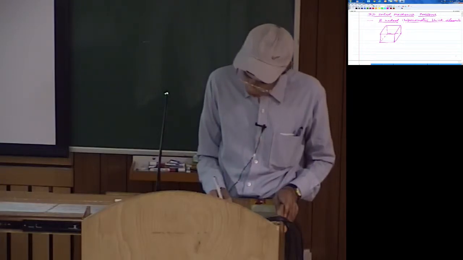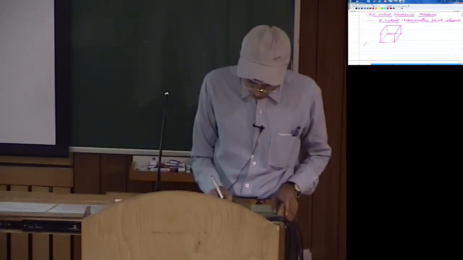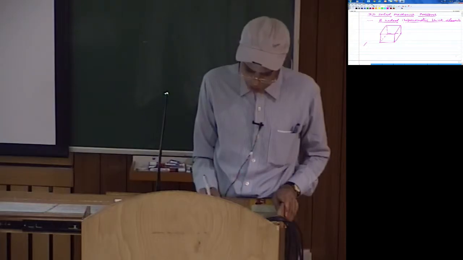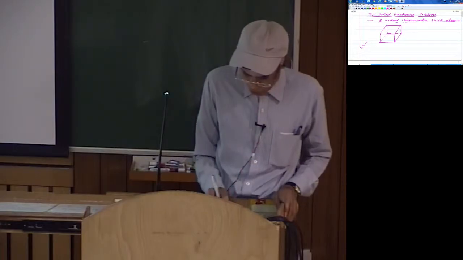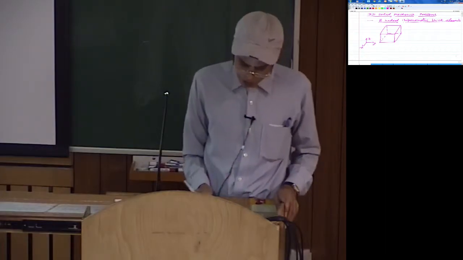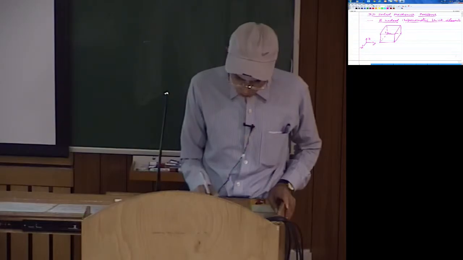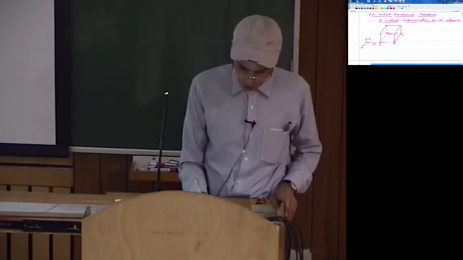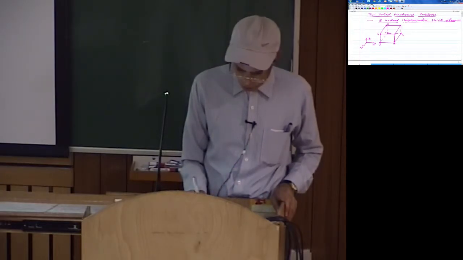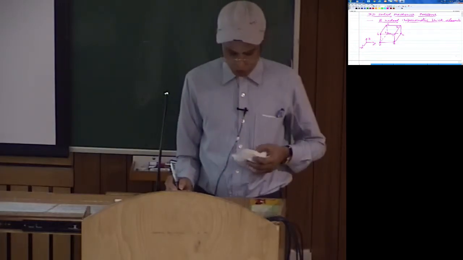A coordinate system can have its origin in any direction, and in fact the orientation of the coordinate axes with respect to the edges of the element can also be different. So let us say that this is your x direction, this is the y direction, and this is the z direction. The nodes, let me start from the bottom side. So let us say that this is the local node number 1, 2, 3, then this is 4, and then the top side, say this is 5, this is 6, this is 7, this is 8, although it's not necessary that one has to follow this sequence.